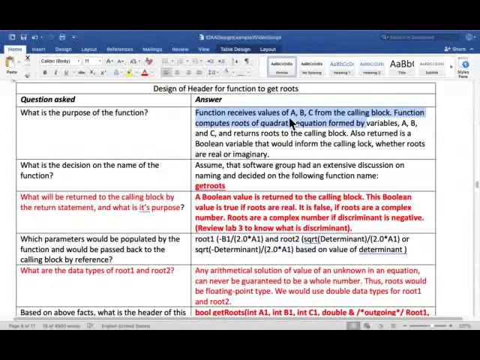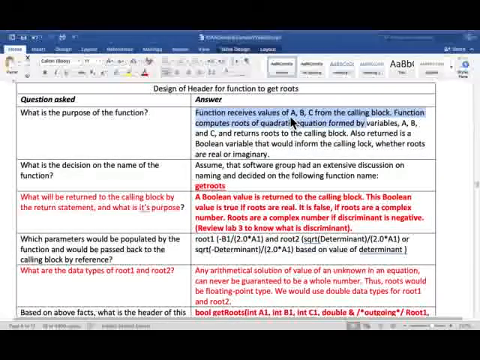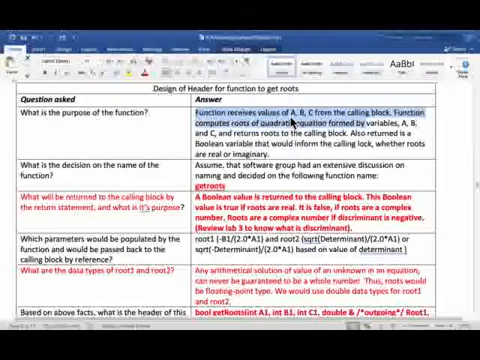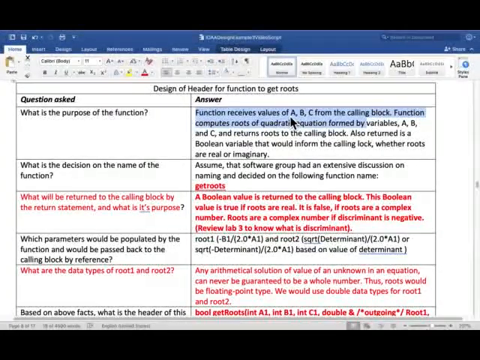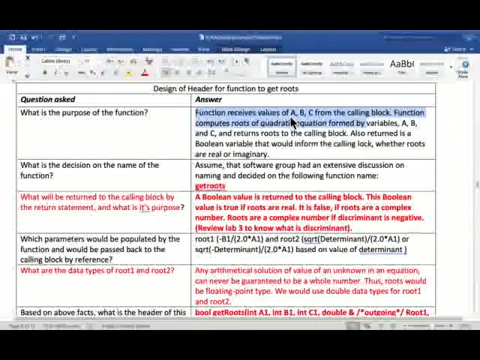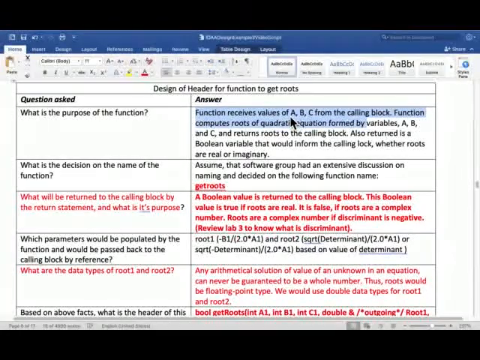And we already discussed early on that roots could be real or complex numbers. Roots are real when the discriminant is 0 or higher than 0. They are complex numbers when it's less than 0, or negative.